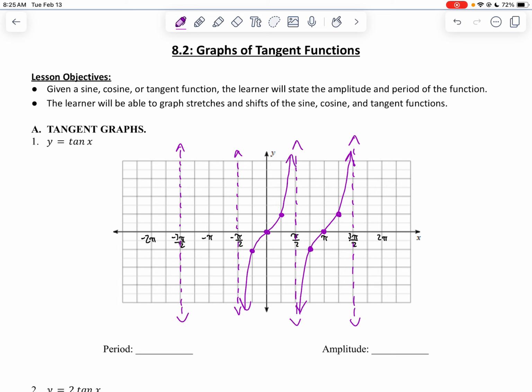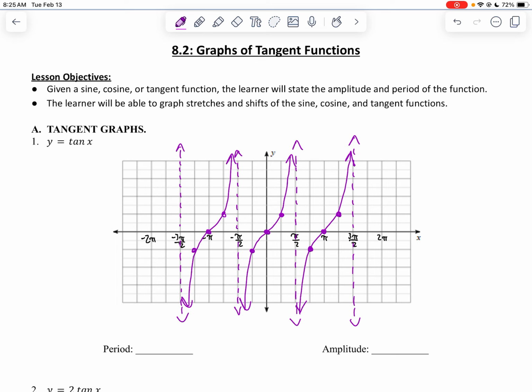And they kind of look like those cubic graphs that we saw earlier in the year. But this is what a tangent graph will look like, okay? And then from there, we're going to talk about how to shift it around, how to stretch it, etc.